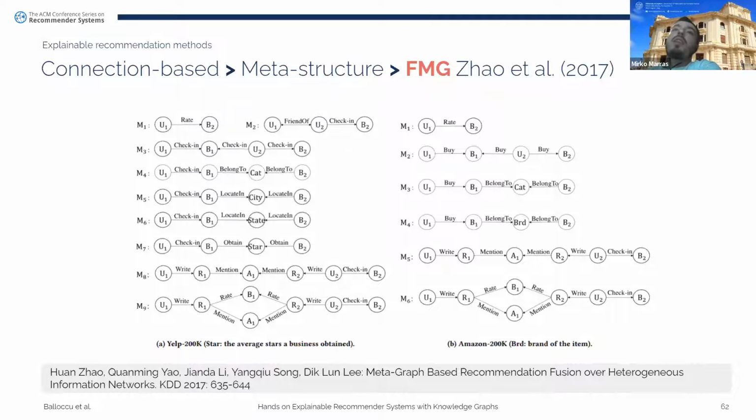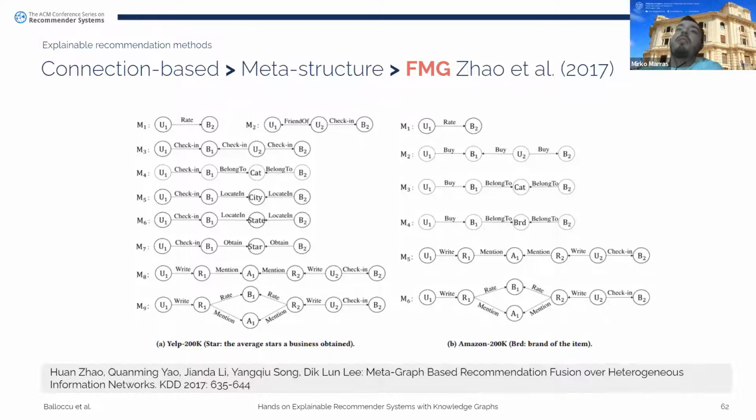To solve this, Zhao et al. designed FMG by replacing the metapath with the metagraph, as the ones in this slide, to capture more complicated relations between entities in a heterogeneous graph. Next, they use factorization machine to fuse the features of users and items across different metagraphs for computing the final preference score for an item starting from a user.